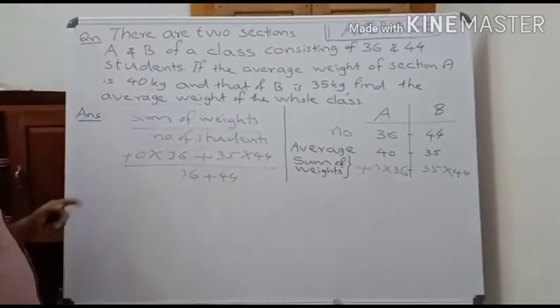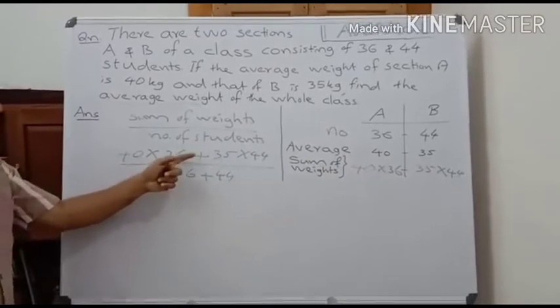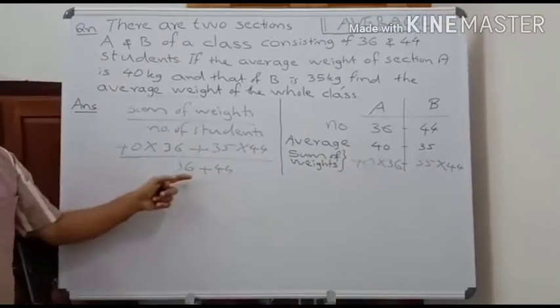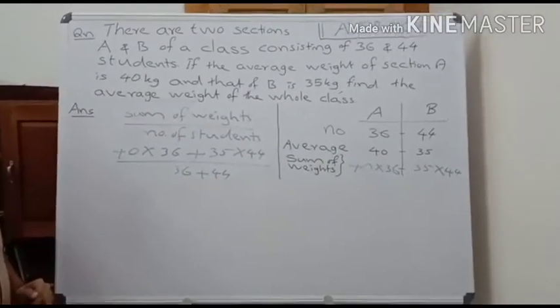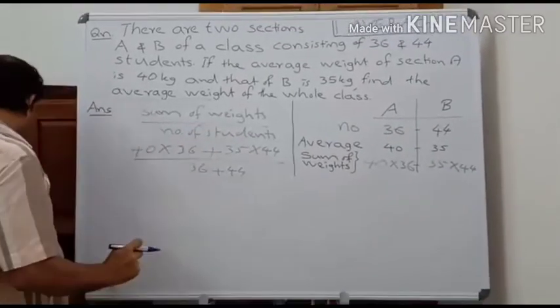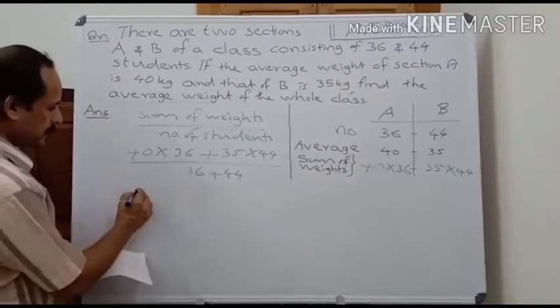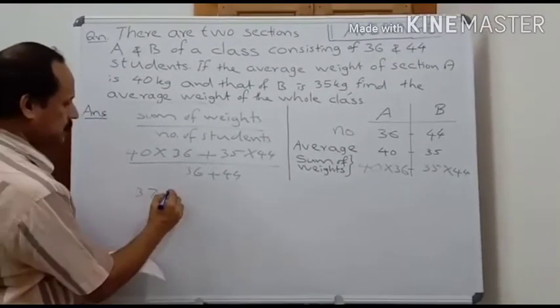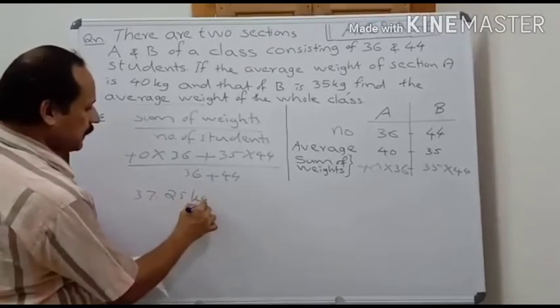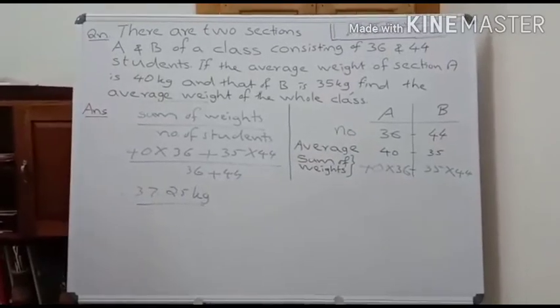If you find the product of these two separately and add, and also find 36 plus 44, that is 80. And if you simplify this, you get the answer as 37.25 kg. This is the average weight of the class.